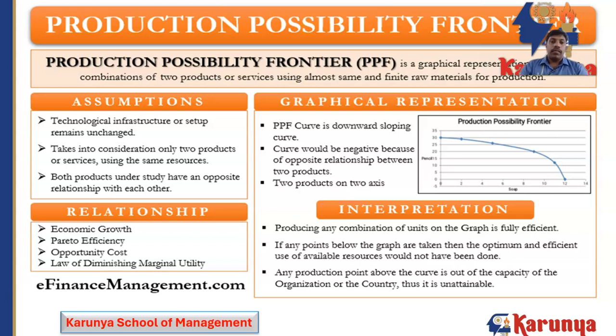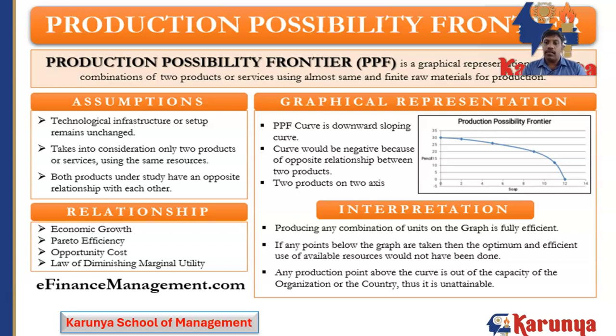Now we are going to study the assumptions, the relationship, interpretations, and the graphical representation of the PPF. So what is PPF? It is a graphical representation of various combinations of two products or services using almost the same and finite raw materials for production. What are the assumptions?